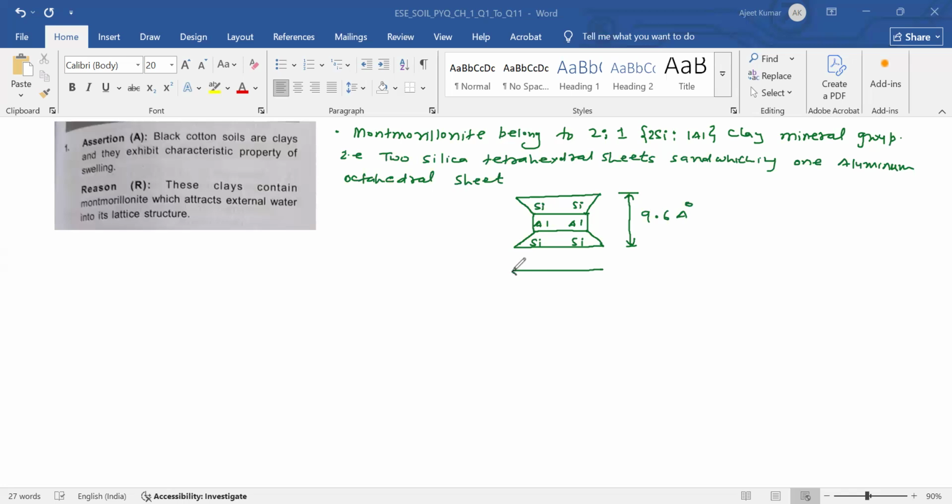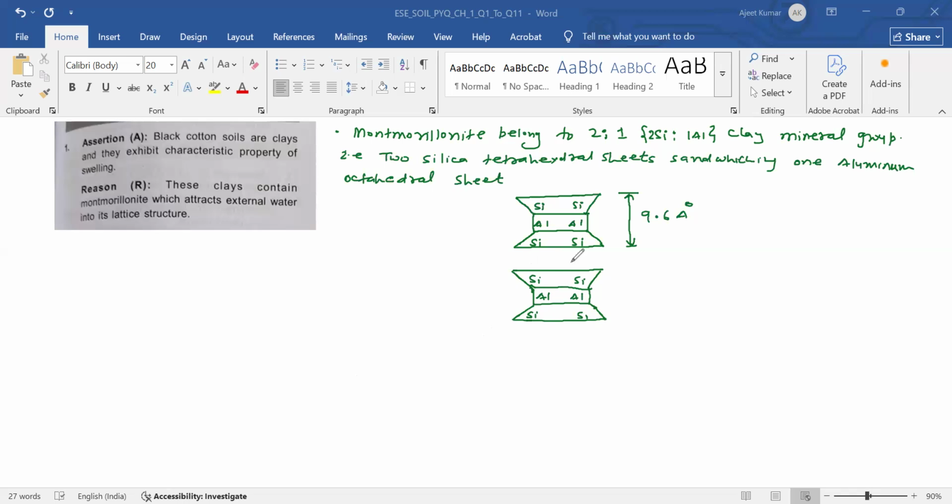Another unit is attached with van der Waals force. This is a very weak force. So this is silica, silica, and this is alumina.